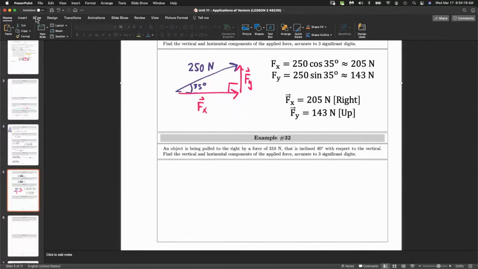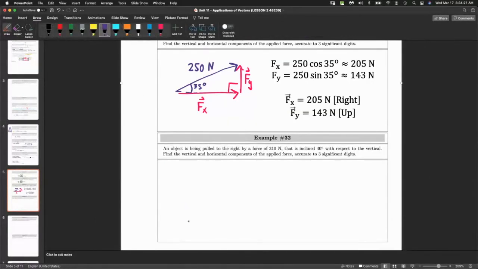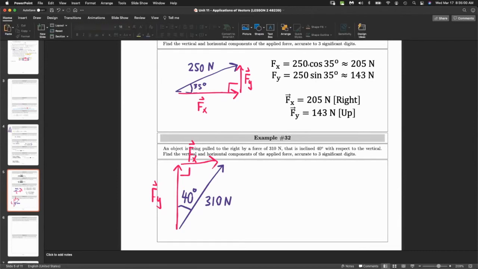In this case, we have a 310 newton force, and we have the components with respect to the vertical direction this time. And this is 40 degrees. So 100%, this question might cause some problems for people if they don't know their trigonometry well. Because in this case, the x and y components, the cos and the sine are reversed.